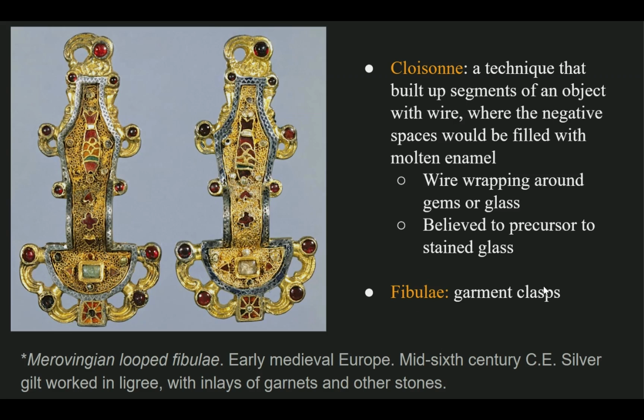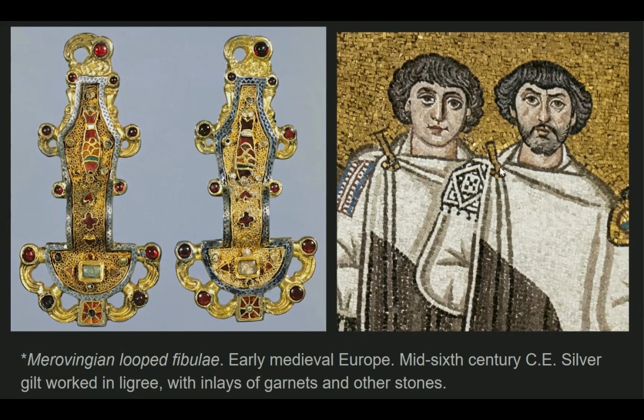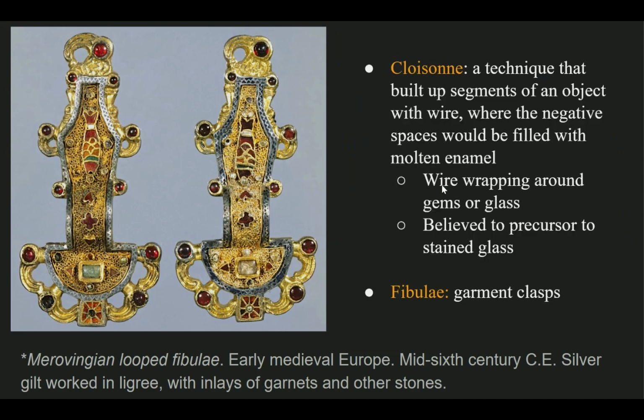Essentially, the fibulae are garment clasps. So consider almost like a brooch. So come back to our Justinian and our Empress Theodora, and how to clasp this cloak together, you're going to use this fibula. And so we're looking at an example of one of these. This is a precursor to stained glass, which we'll study in our next unit.